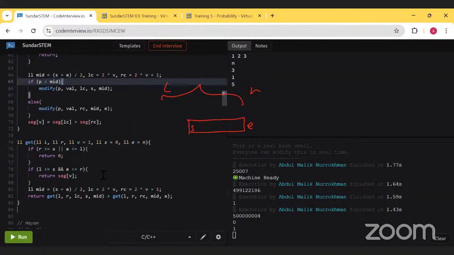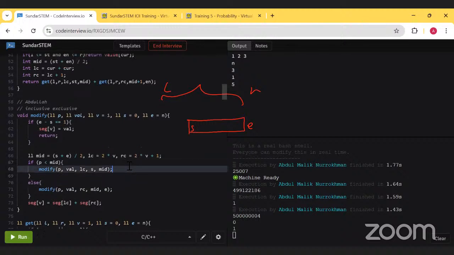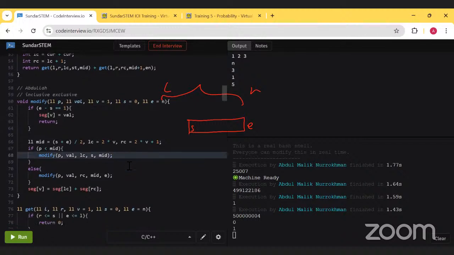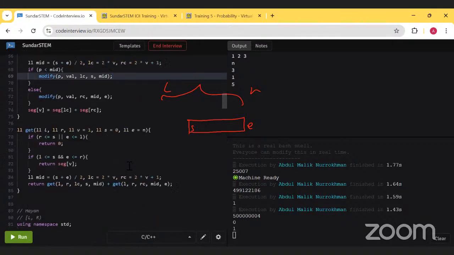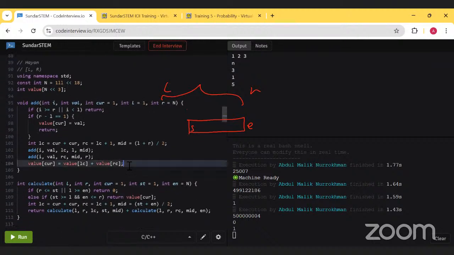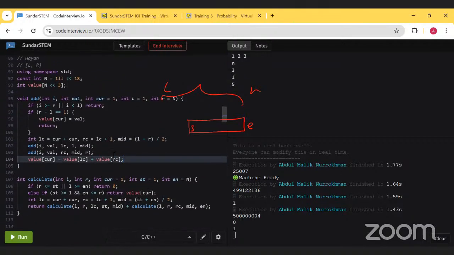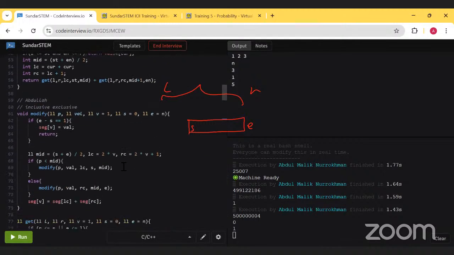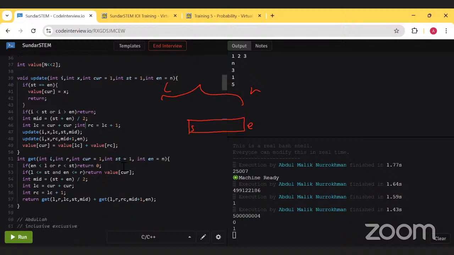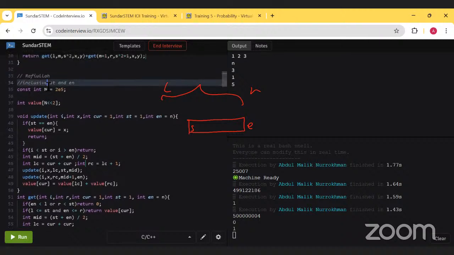Okay, nice. Rafiullah used both inclusive, same as mine.